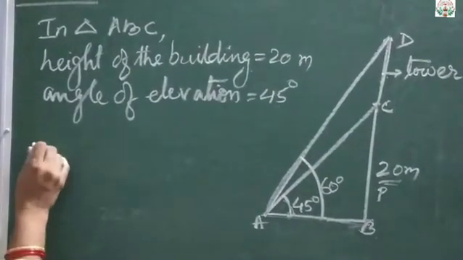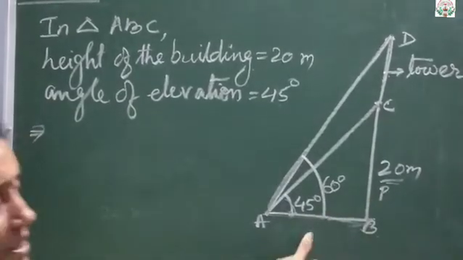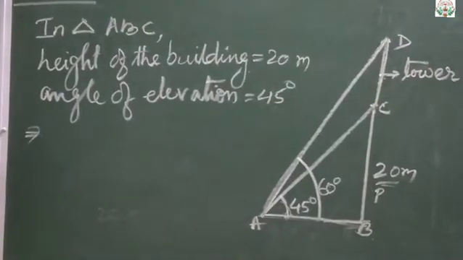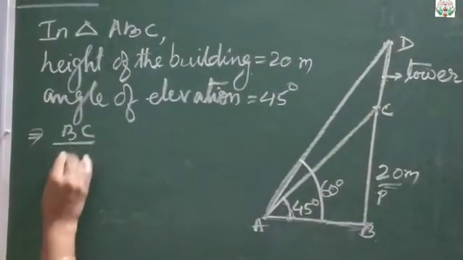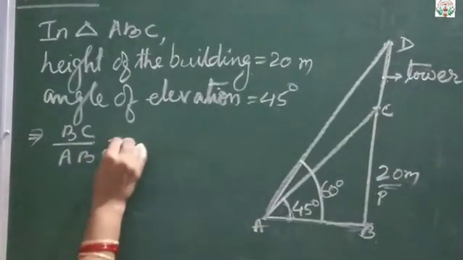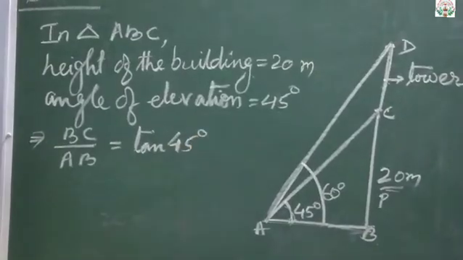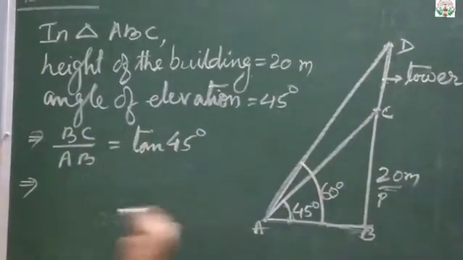So base means the relation between P and B, which is tan theta. So we will take the tan function. You can write BC upon AB equals tan 45 degrees. Now BC is given as 20 meter.